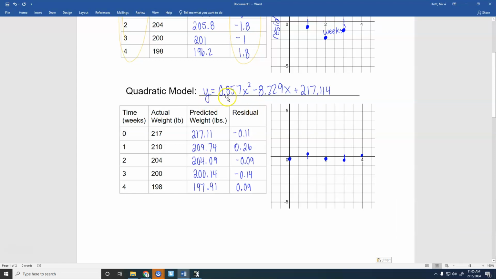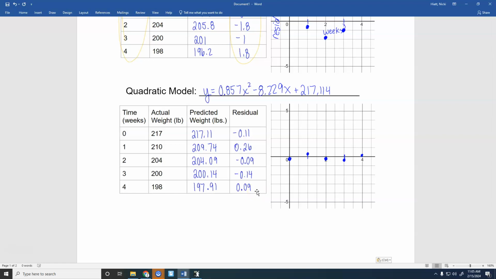My model was 0.857x squared minus 8.229x plus 217.114. And then here are my predicted weights. My residuals were all very small for that: negative 0.11, negative 0.26, negative 0.09, negative 0.14, and 0.09. Are you guys getting the same numbers there?